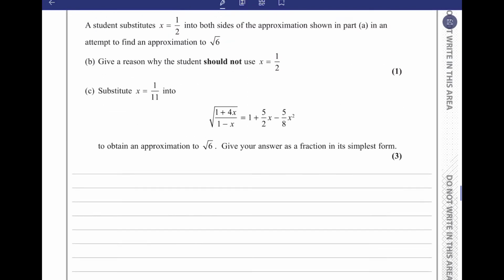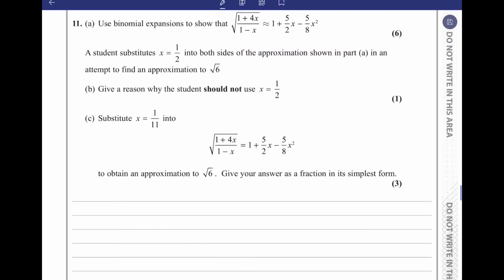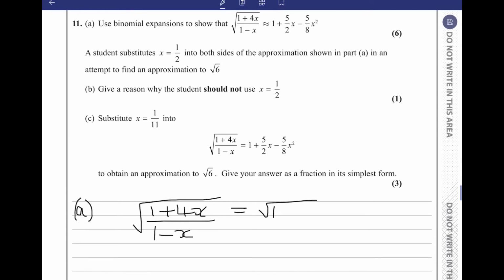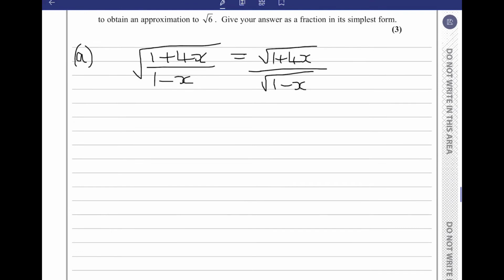And let's first write out, so part A. Let's first write out this square root in an easier way to understand. So square root of (1 plus 4x)/(1 minus x) equals square root of 1 plus 4x over square root of 1 minus x. That's just a simple property of square roots, of quotients. And then we can rewrite this further by using indice notation.